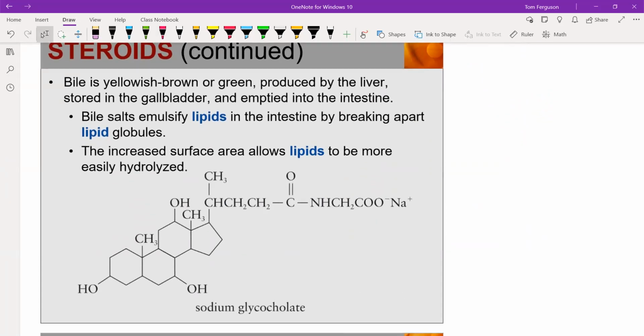Okay. Now this guy, would this molecule be an emulsifier?